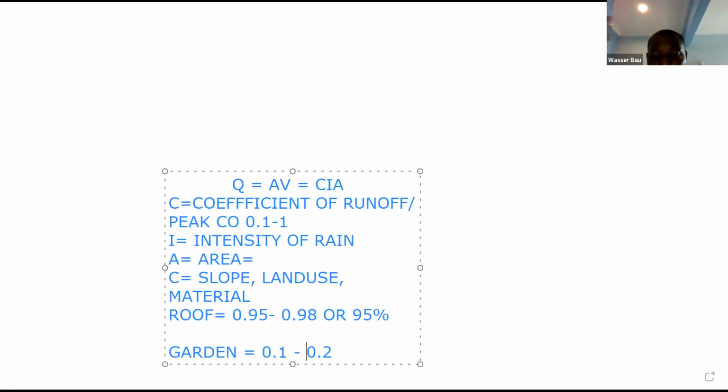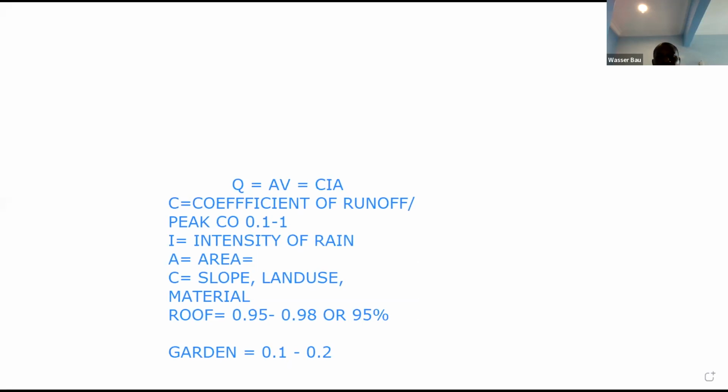Some will evapotranspirate, others will constitute deep percolation, and others will just come to the surface as runoff. So look at it. Once rain falls, for instance, I'm not sharing my screen.